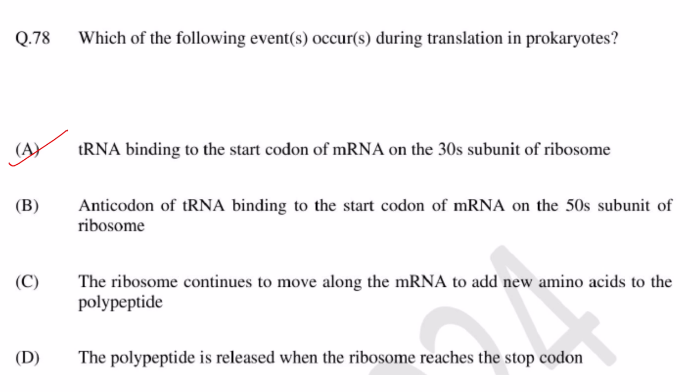It is not 50S subunit, it is 30S subunit. So B is not correct. C, the ribosome continues to move along the mRNA to add new amino acids to the polypeptide. That is correct. D, the polypeptide is released when the ribosome reaches the stop codon. That is also correct. So A, C, D is the answer.